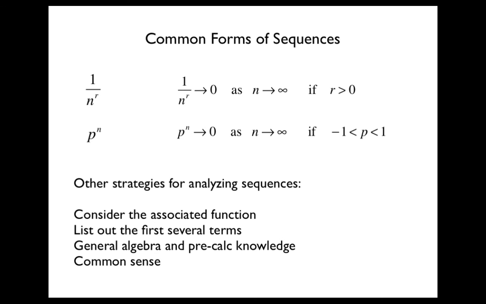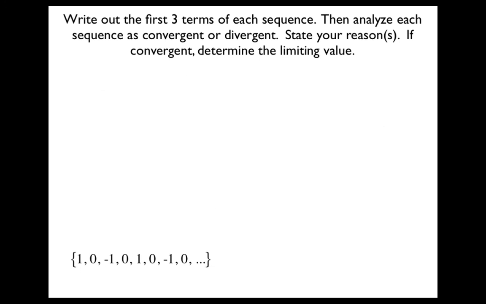Just list out the first several terms; often you can reason just from that. We need algebra and pre-calc knowledge, and then some common sense. These problems are all a little bit different, so we have a bunch of tools and we apply the right tool at the right time. So here's a list of them.